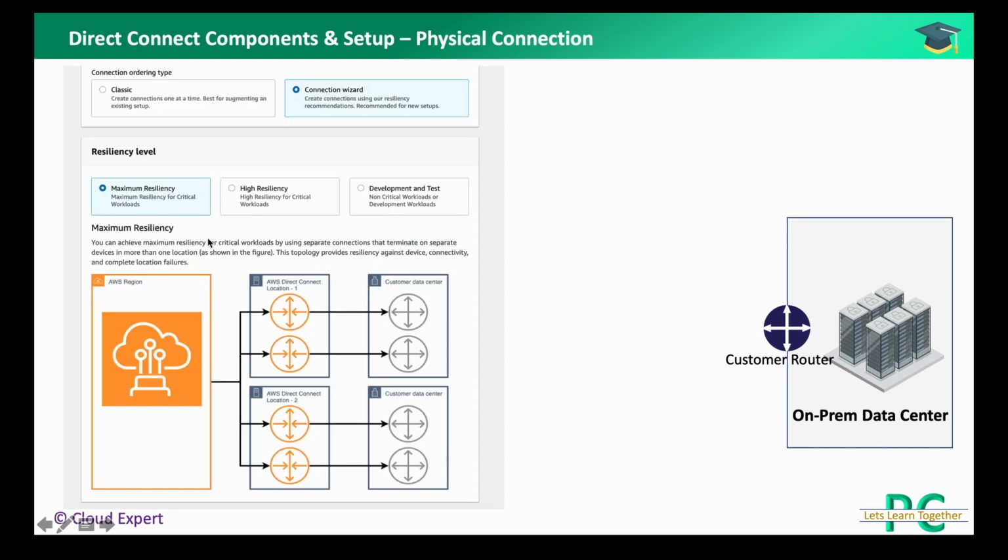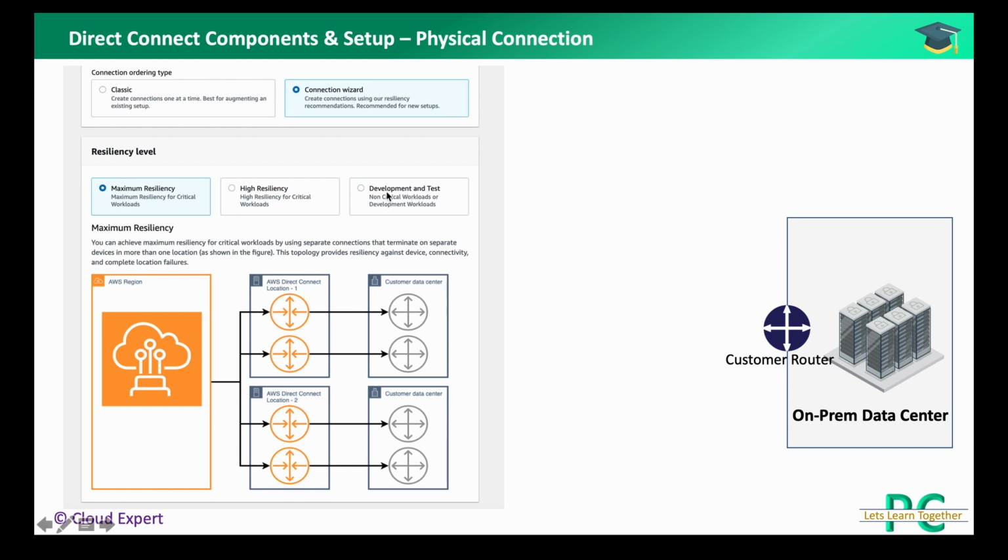If we go, it will give a resiliency toolkit. That means there are different ways you can set up. Either you can set up Direct Connect for development and test purposes, or you can go for high resiliency, or you can go for maximum resiliency. If you see in this diagram, it will give you the entire network topology, how you'd like to set up.